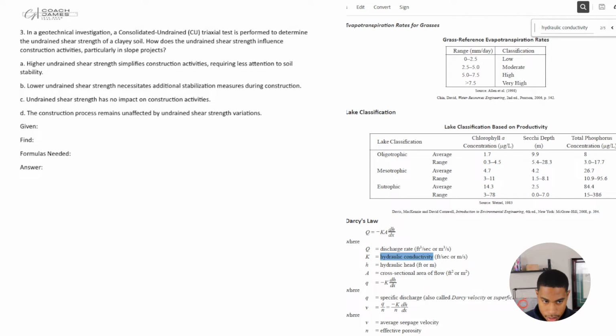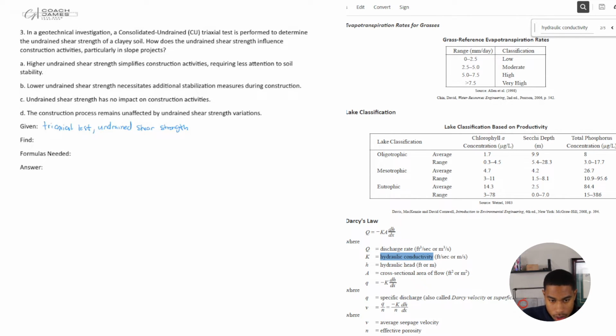Right. Okay. So the information that's given is that you're doing a triaxial test, checking for undrained shear strength.